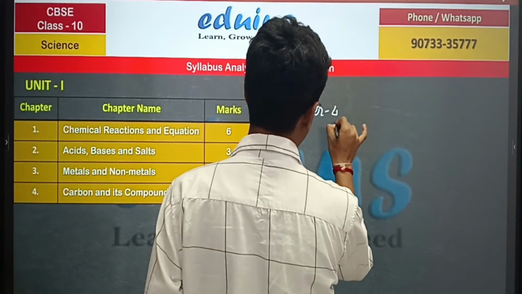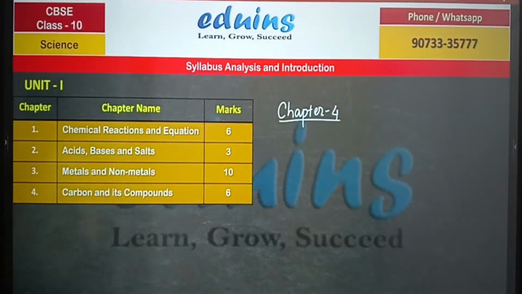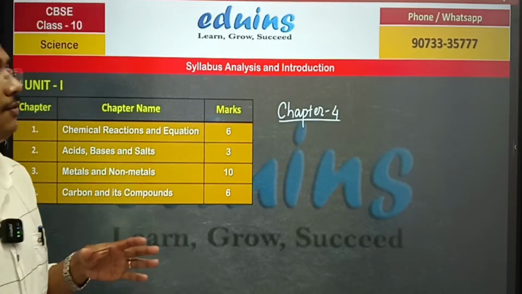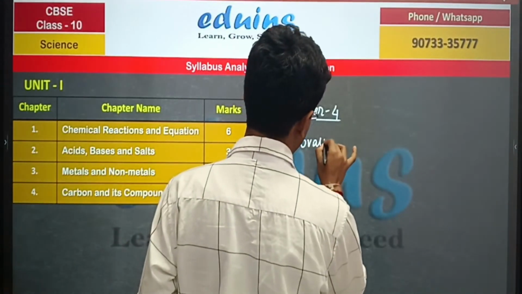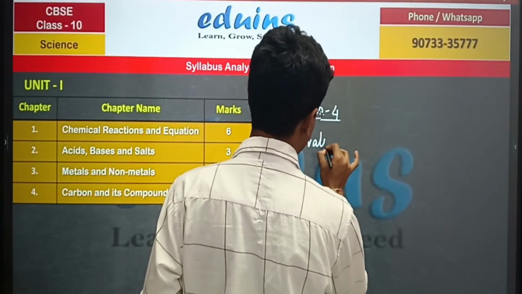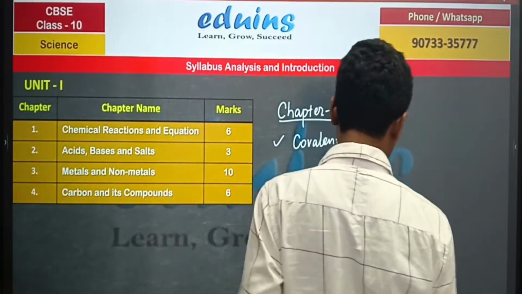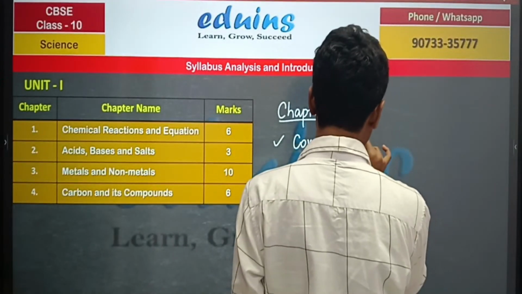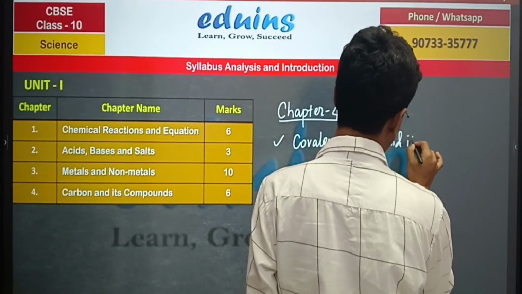The chapter 4 is named carbon and its compounds. So, in carbon and its compounds, first we will study the covalent bond and its formation.